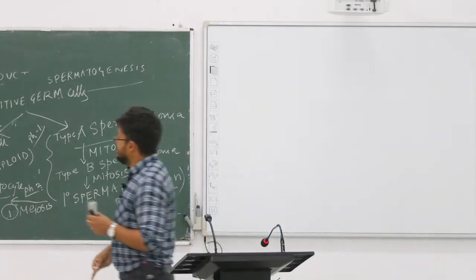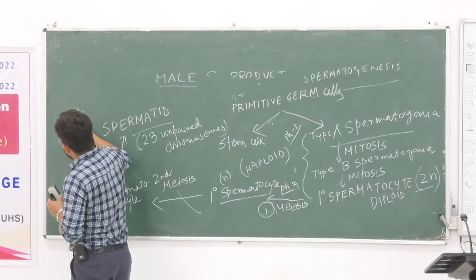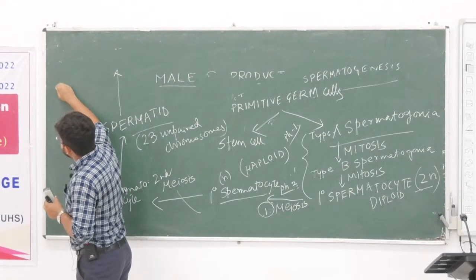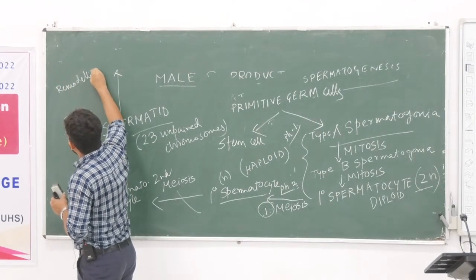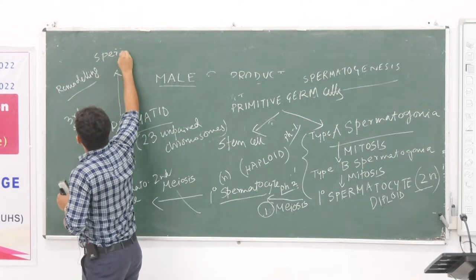So after this we have the third phase. In the third phase there is remodeling of spermatid, there is formation of spermatozoa.